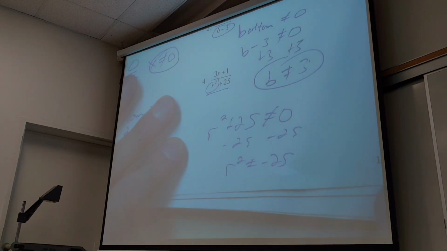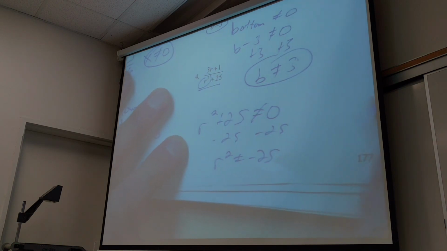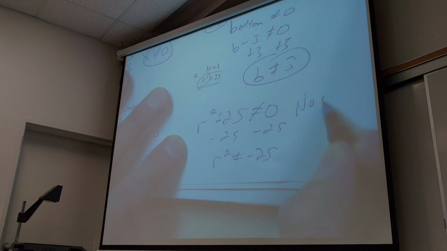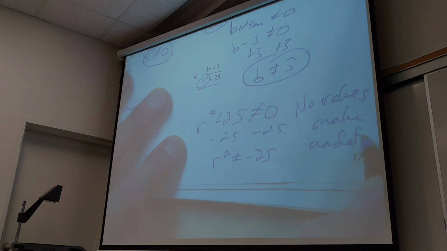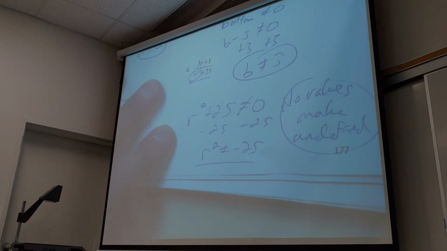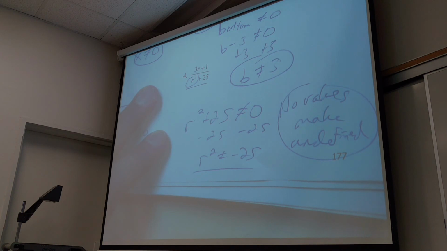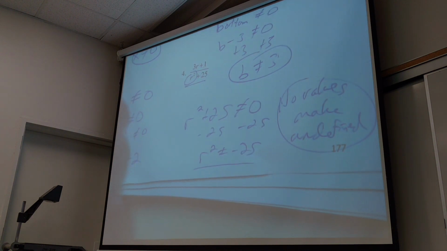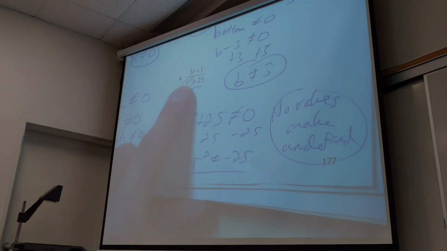So this one would be no values that make it undefined, because it's impossible for this to happen. R squared is never equal to negative 25. The question is what values make this undefined? No values make it undefined. All values work. I can use any number I want for R.